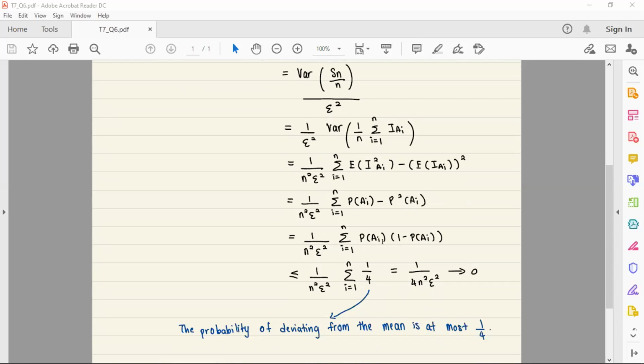Towards the end of the computation, we will get 1 over 4, because at most the probability of deviating from the mean is 1 over 4. Hence, 1 over 4n squared epsilon square approaches 0.